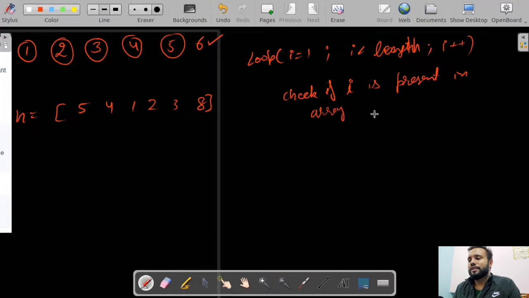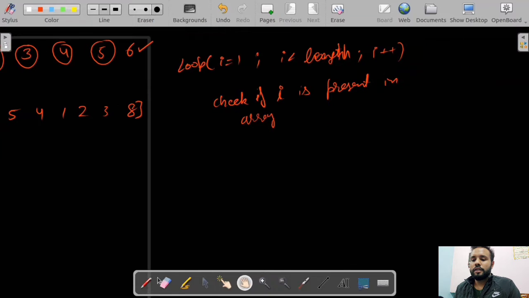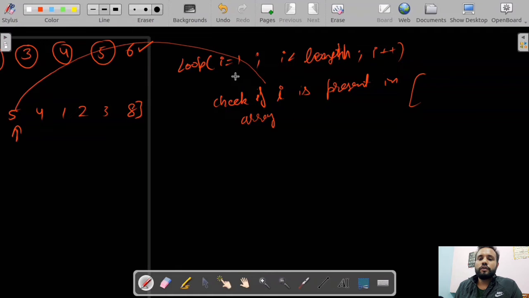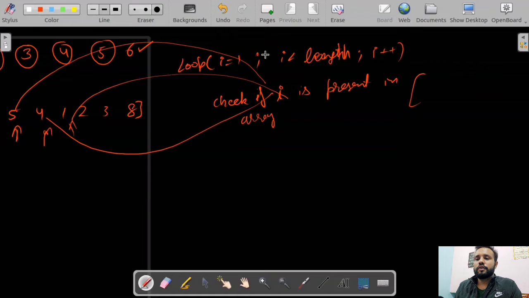And for checking this, we can simply use a linear search, that is, simply loop over this array and check if this element is equal to our given value.